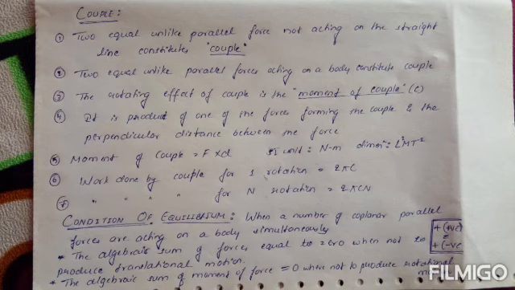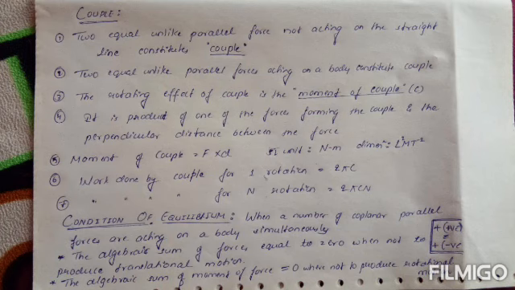It can be denoted by C. The formula for the moment of couple is F into D, which is nothing but the product of one of the forces forming the couple and the perpendicular distance between the forces. And the SI unit for moment of couple is Newton meter and the dimension is L squared M T raised to minus 2.